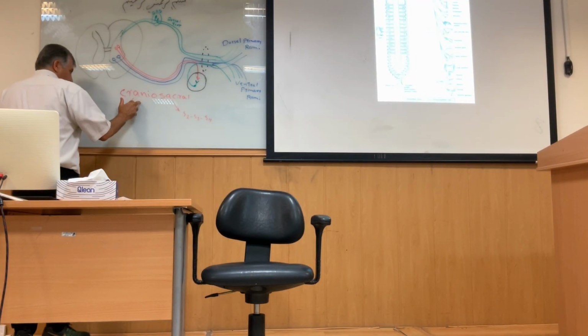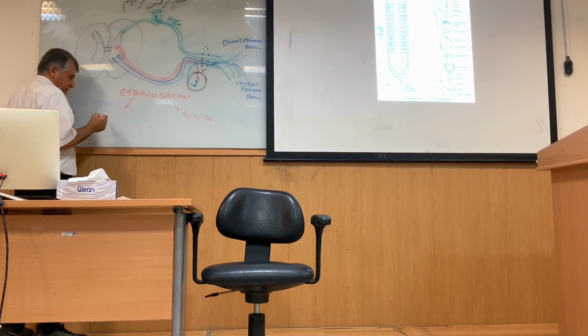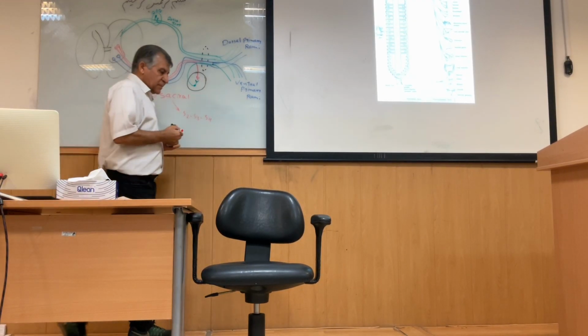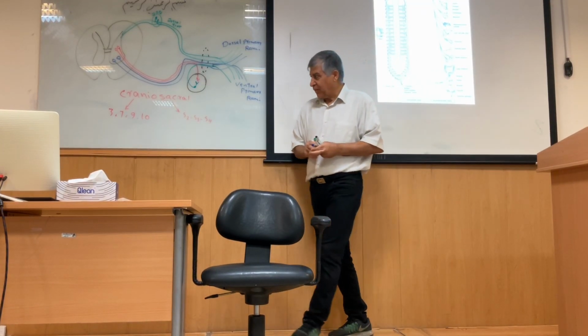Which cranial nerves contain parasympathetic fibers? 3, 7, 9, and 10. These cranial nerves contain parasympathetic fibers.